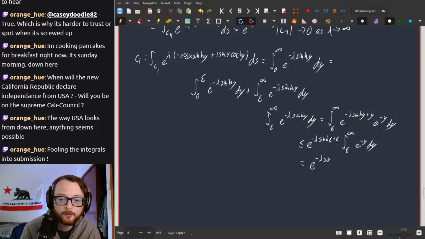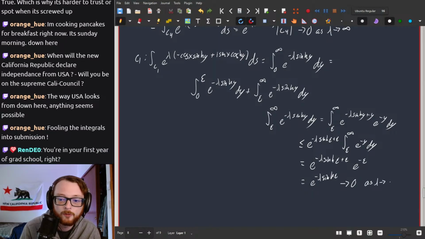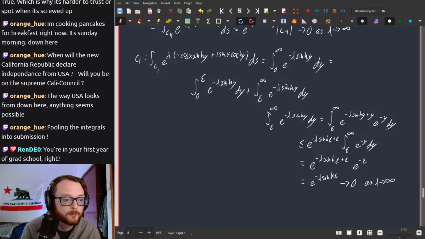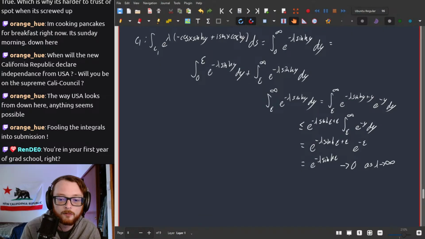It's the minus lambda sinh epsilon plus epsilon. Then as a result of this integral, we just get an e to the minus epsilon. The part going to infinity just becomes 0. And then this minus epsilon cancels with that plus epsilon. So e to the minus lambda sinh epsilon, which goes to 0 as lambda goes to infinity. And this is beyond all orders because it's exponential decay.